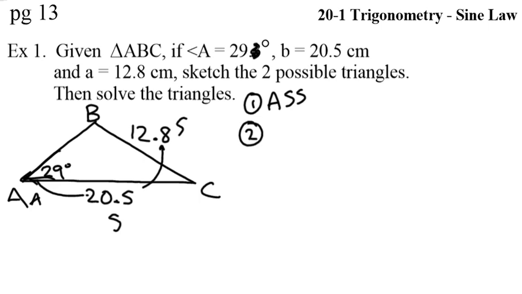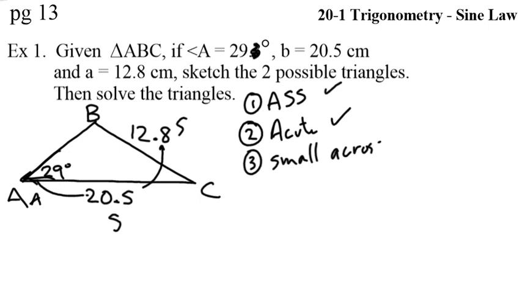Second situation, is it an acute angle given? Absolutely, 29 degrees. And the third situation, small side across from the angle. Is the smallest given side across from the angle? 12.8 is smaller than 20.5. So yes, it is. So there is the first possible triangle for this situation: A is 29, side B is 20.5, and side A is 12.8.